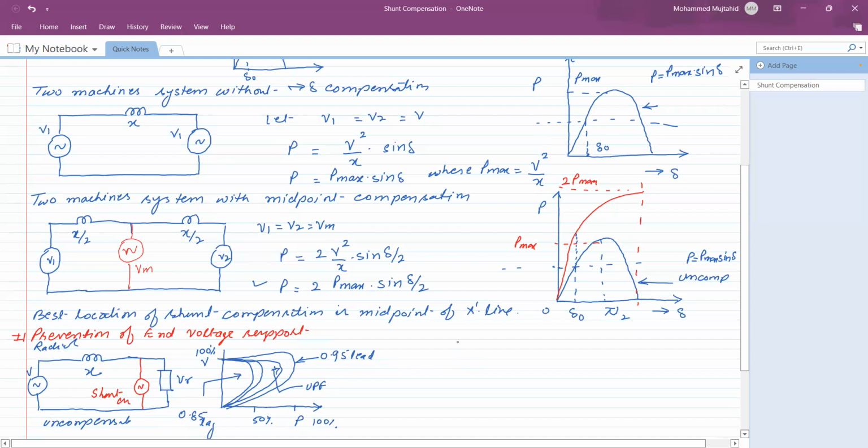Whereas for the compensated line, if the line is compensated with the help of shunt compensation near to the load, for the same power P and voltage V, it is found that the voltages remain constant. No doubt it depends upon the load power factor, but the voltage profile is enhanced.